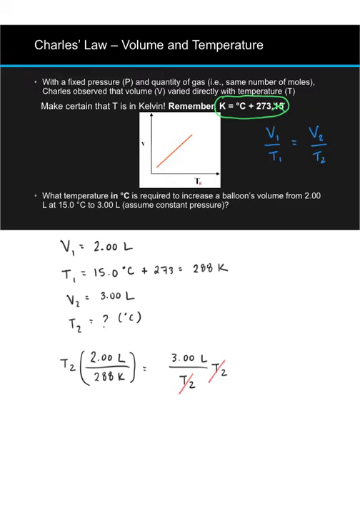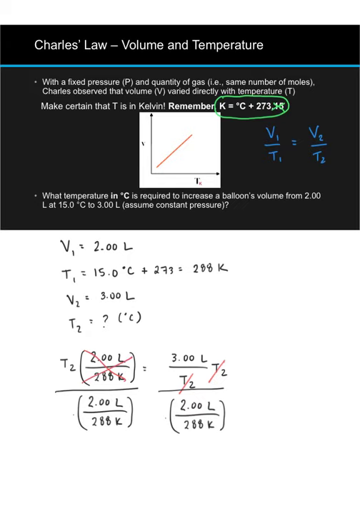If we divide both sides by this whole quantity, then 2 over 288 goes away on the left, and we'll be left with 3 liters divided by 2 liters divided by 288 K.